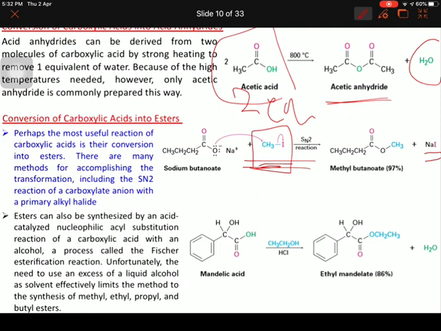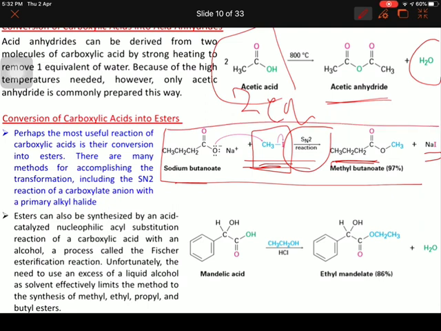That's why usually they mention just the alkyl halide. The reaction goes by the SN2 mechanism, not SN1, because the substrate is not bulky. This one is important: if it comes in the exam, write that the mechanism of ester formation under base condition is SN2.